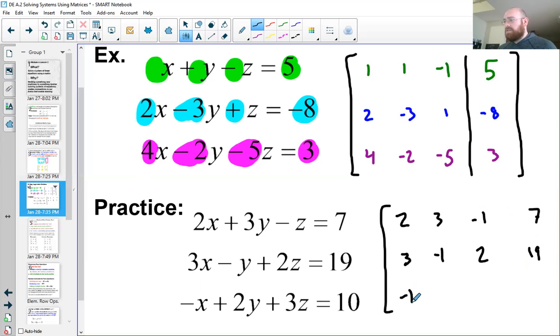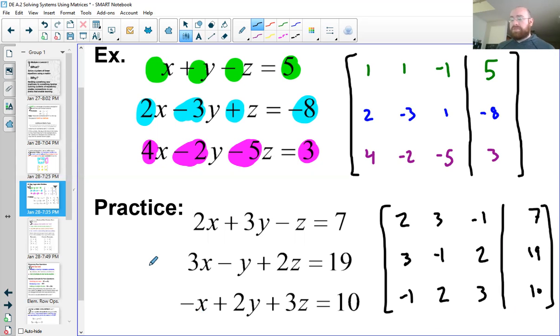Third equation is -1, +2, +3, and 10. And I draw in the second bracket and the dividing line, and this is the augmented matrix. Once you've done a few of these, it becomes incredibly automatic to write the augmented matrix.